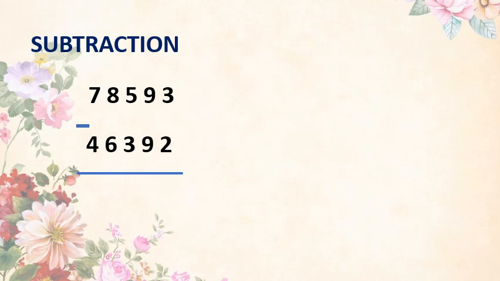Yes, students, you know that we start the subtraction from the unit place. Now 3 is in unit place, correct? Now we will start from right hand side. 3 minus 2 is equal to 1. 9 minus 9 is equal to 0. 5 minus 3 is equal to 2. 8 minus 6 is equal to 2, isn't it?